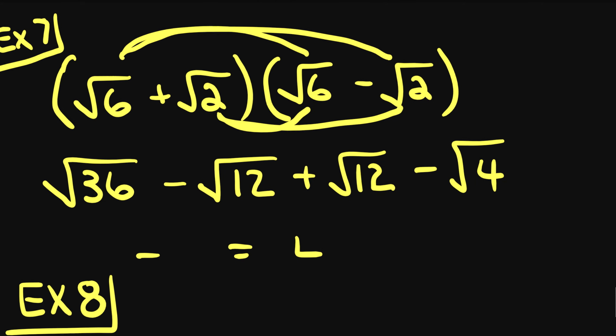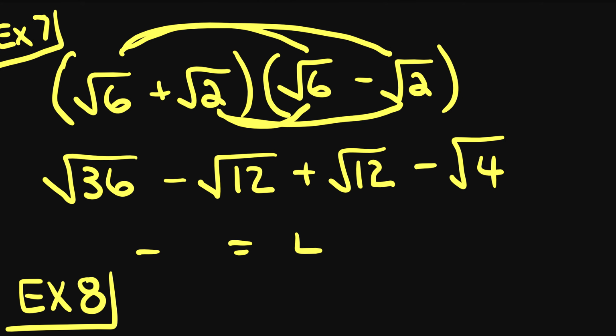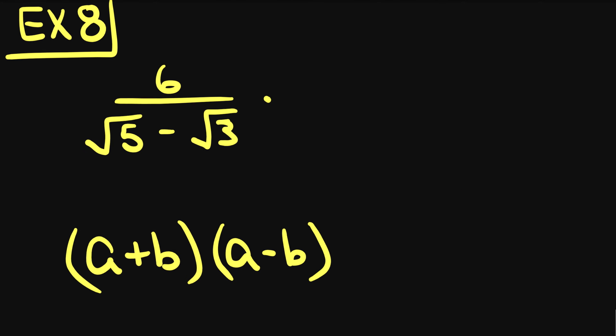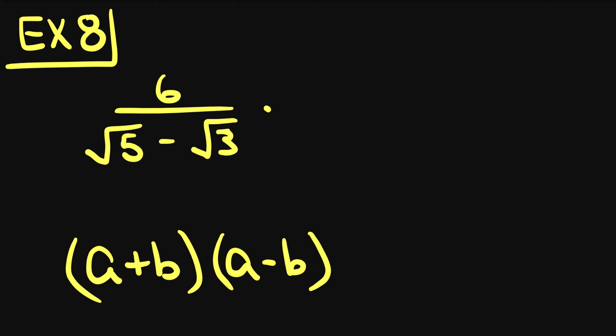I had the sum and the difference of the same two terms, and we ended up with an answer that was 4, just a single number outside of the radicals. And that's the objective here with multiplying by the conjugate.